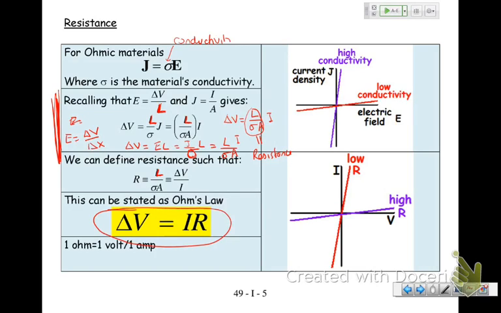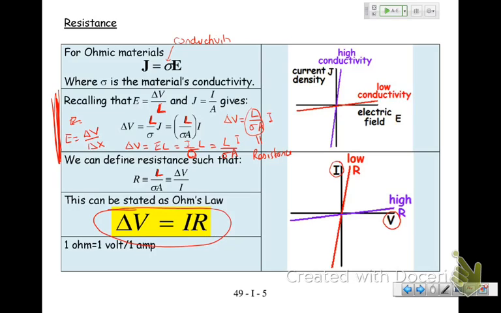If I plot a graph, I've got to be careful here. By tradition, we put the independent variable horizontally. You can adjust V, and you get whatever current the system decides. I is your dependent variable. When we plot those out, we get a straight line.